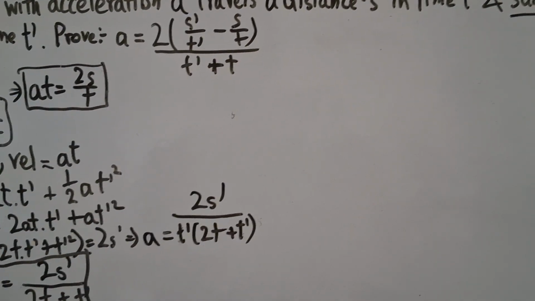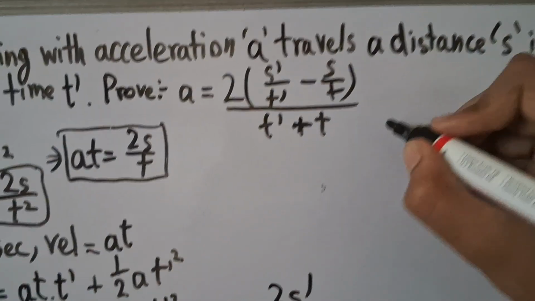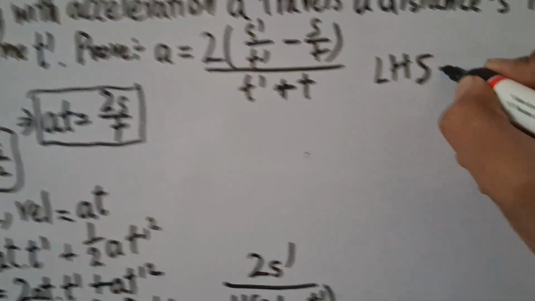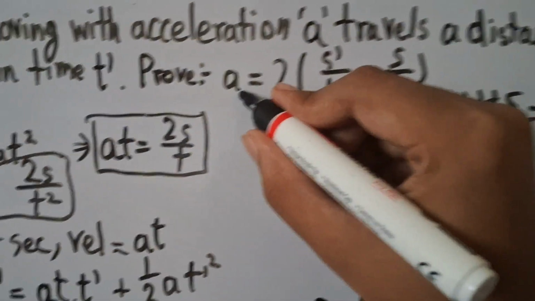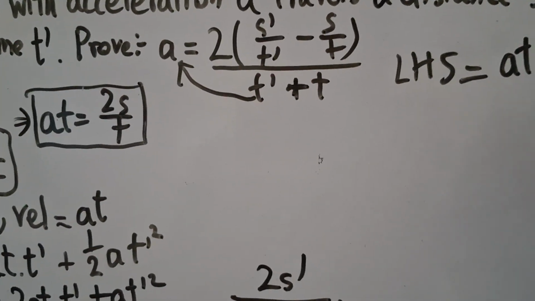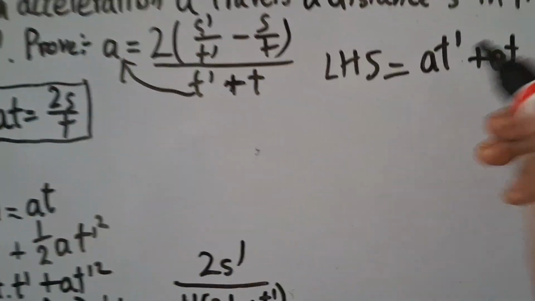So let's do something. If we have to prove this, we take the LHS. We cross multiply with this a and get at dash plus at. But we know at is 2s by t, and we know at dash is 2s dash by t dash.